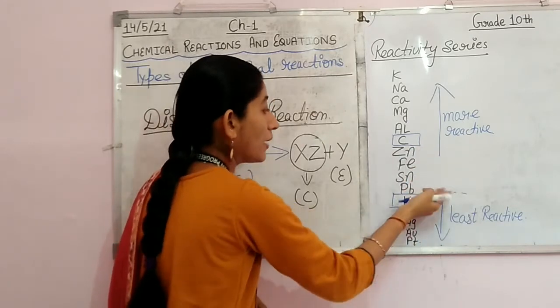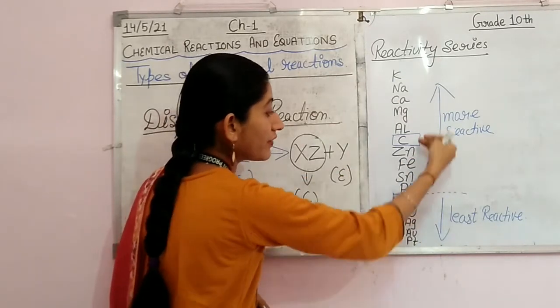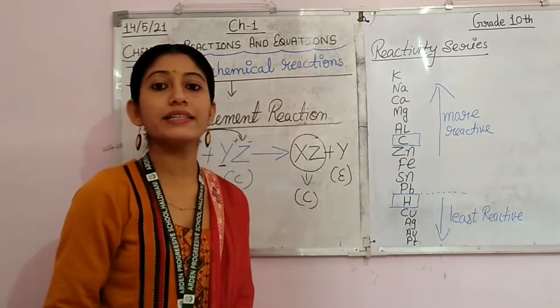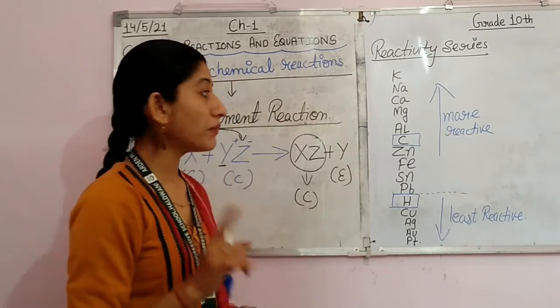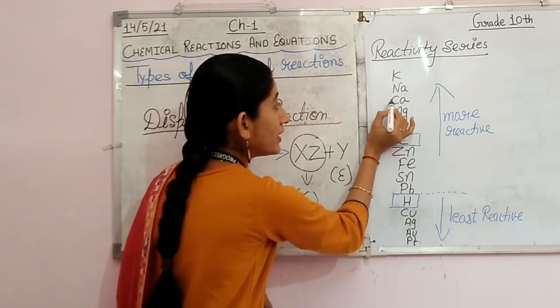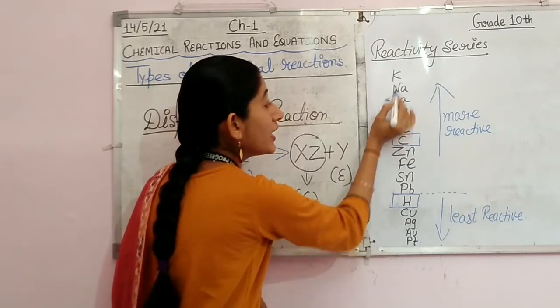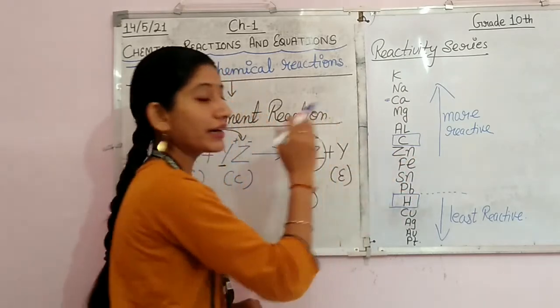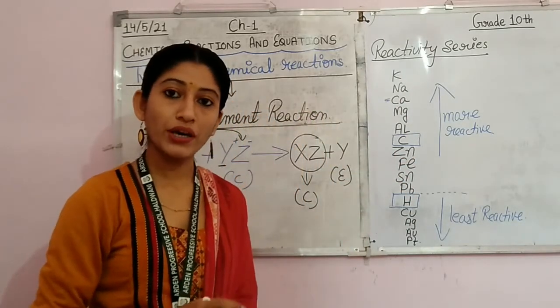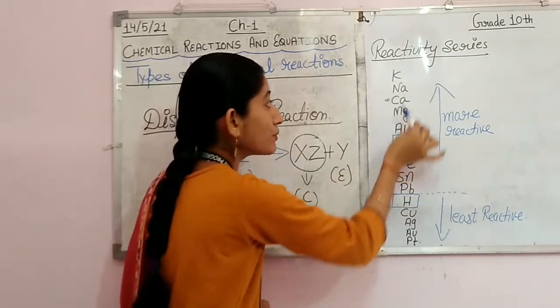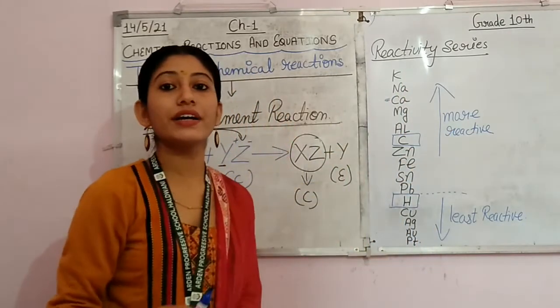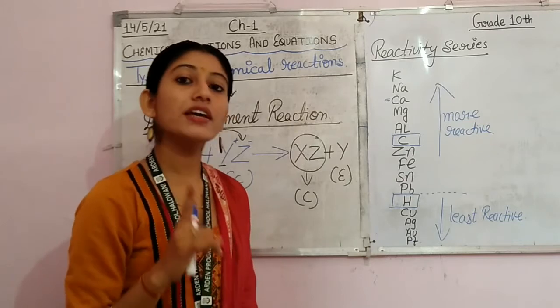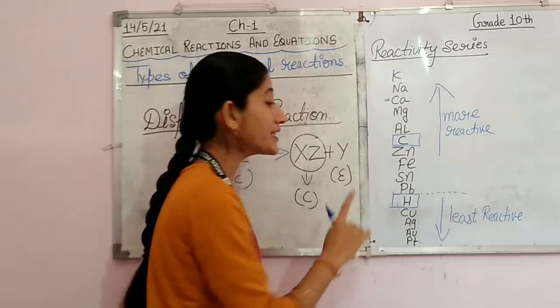So upside here they are more reactive. As we move down, the metals are less reactive, and you have to keep in mind that the metal which is on top can replace the metal which is arranged downside. The metal which is higher in the reactivity series can displace all the metals which are written downside. First thing you have to notice this.